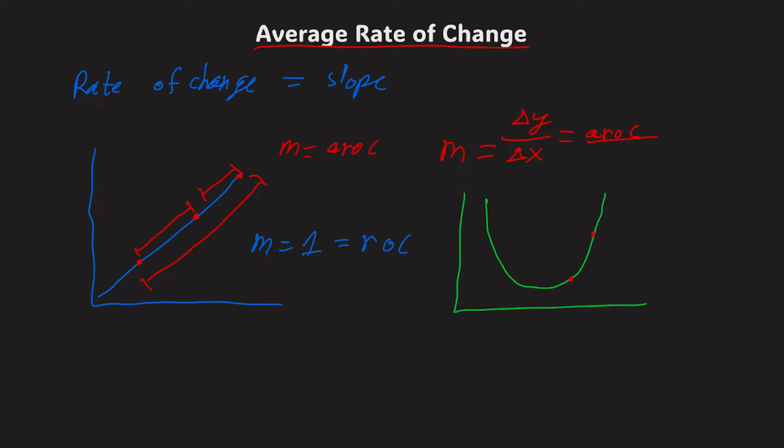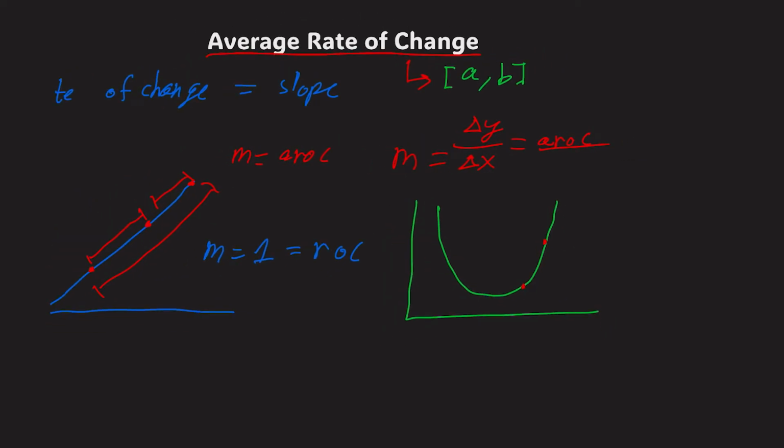And notice what I said there, over any interval. The average rate of change is always something that is taken over some interval a to b. Inclusive means hard brackets. So the average rate of change is another way of saying average slope. So the average rate of change of our parabola here is the average slope of our line across this interval.